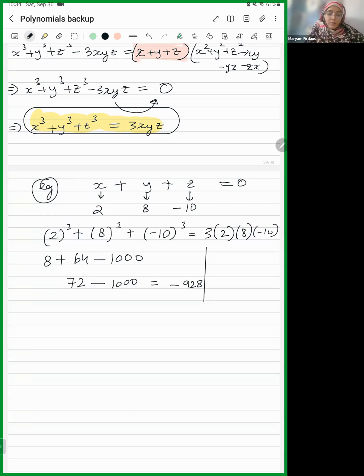Oh, sorry, just a minute. This is not 64, I made a mistake. 8 cube, 64 into 8, is how much? 512. So this is going to be 520 minus 1000. That is minus 480.